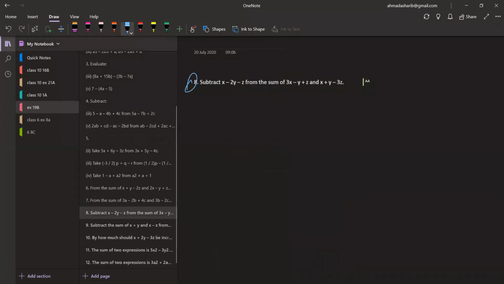Question number 8. Subtract this from the sum of this and this. So find first the sum of this and this. 3x minus y plus z plus x plus y minus 3z.